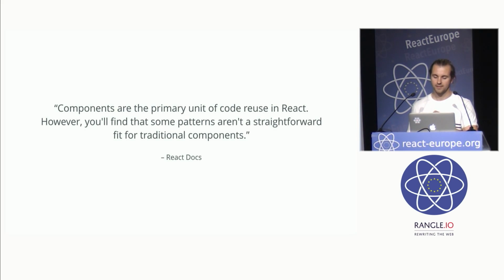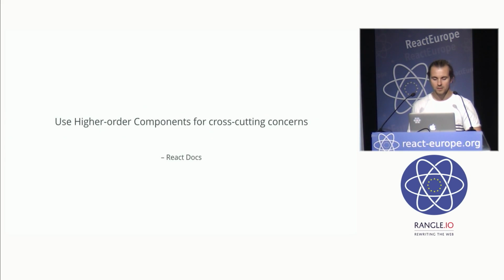However, you will find that some patterns aren't a straightforward fit for traditional components. And I think this rotation part is a perfect use case. With loading, it's a perfect use case. These are cross-cutting concerns, concerns that you need for multiple components, but you don't want to wrap them. Sometimes you can't even, but you can enhance your component with them.